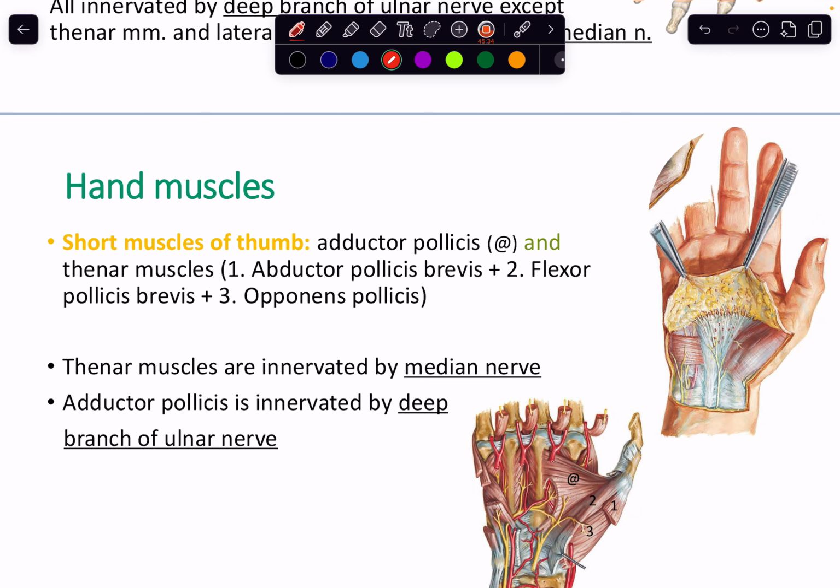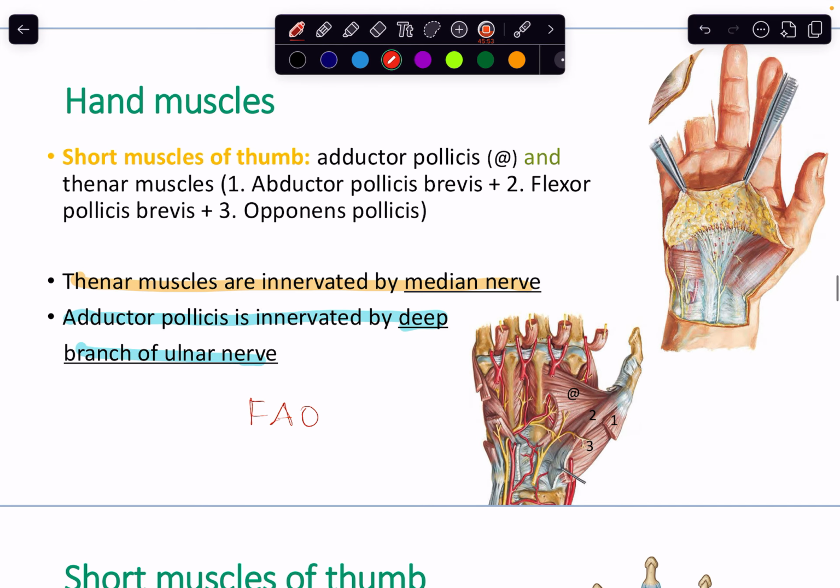So sometimes for memorization, we make one formula, a very short word, FAO. F-A-O. Just remember these 3. Now this will help you in memorizing the names of the muscles of the thenar and hypothenar, right?